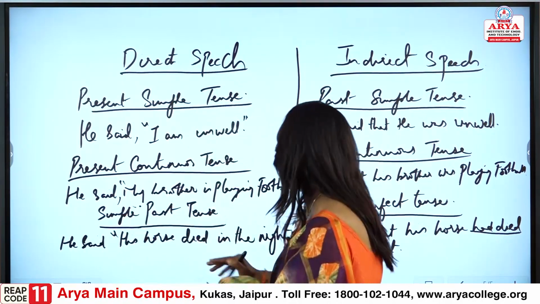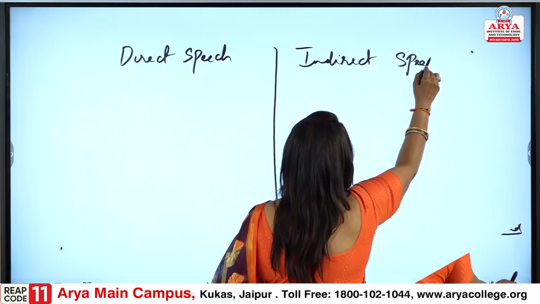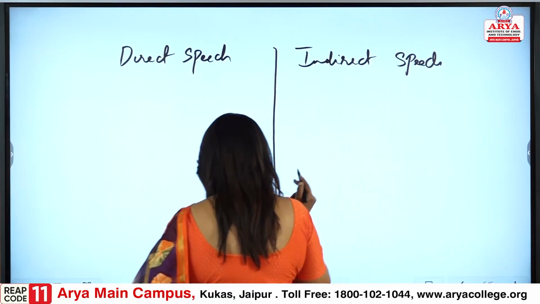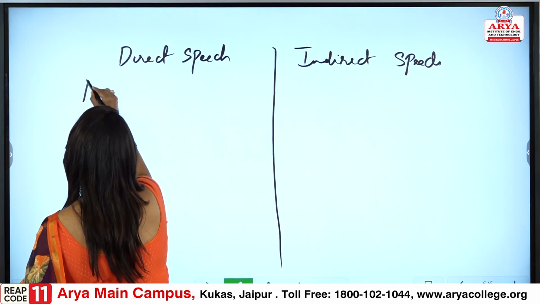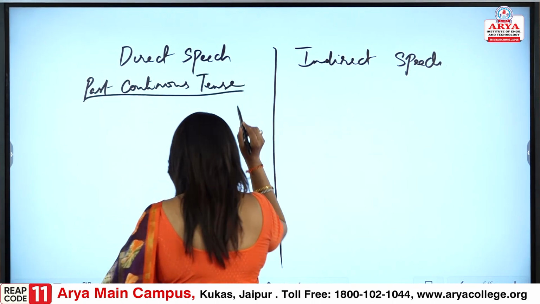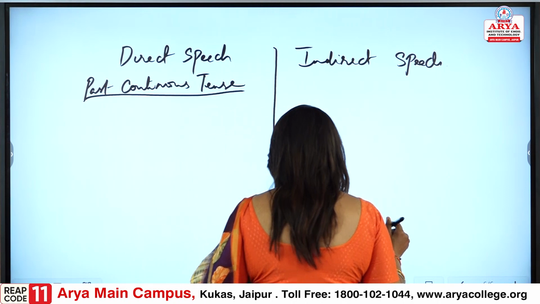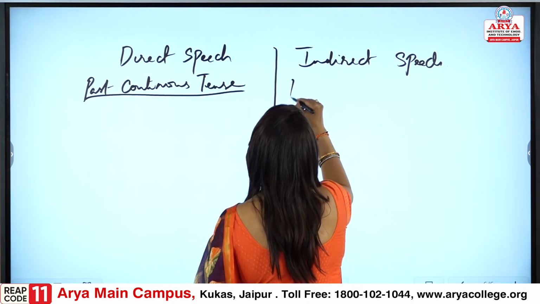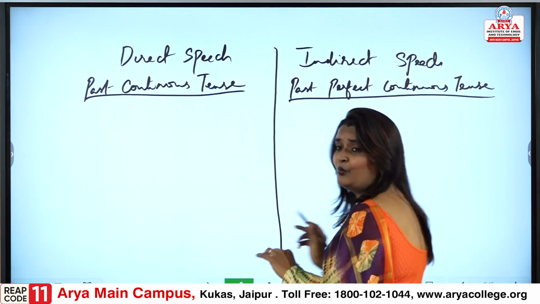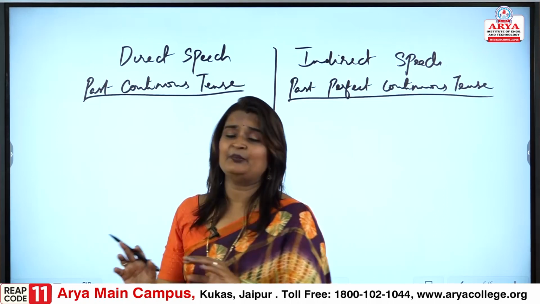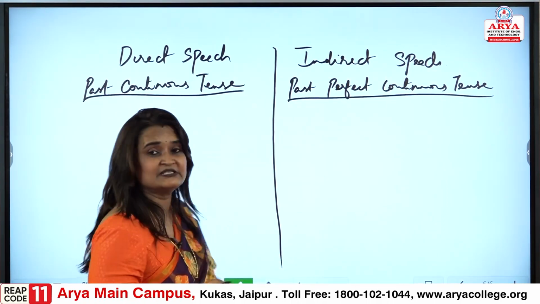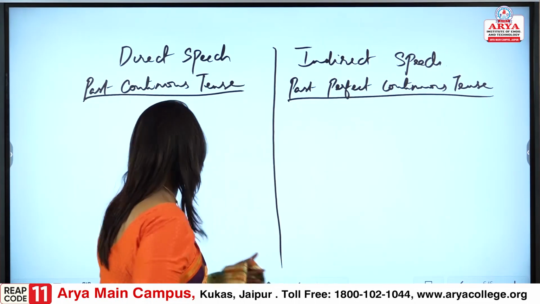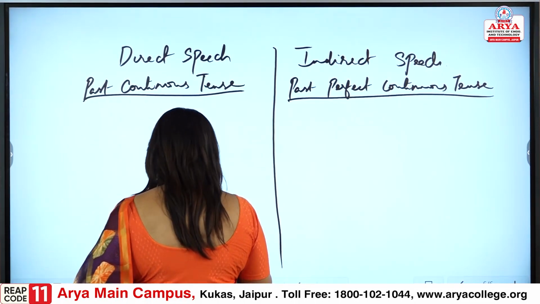Next, now when we are going further, let us understand past continuous tense, and when past continuous tense becomes past perfect continuous tense. So, how would we understand it? When a sentence is in past continuous, let us take it.